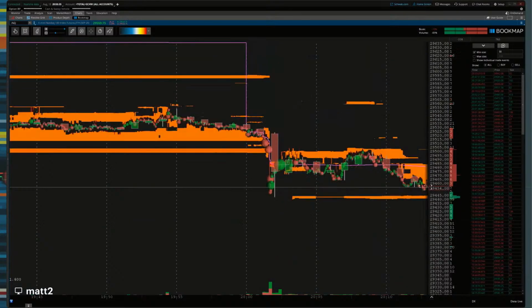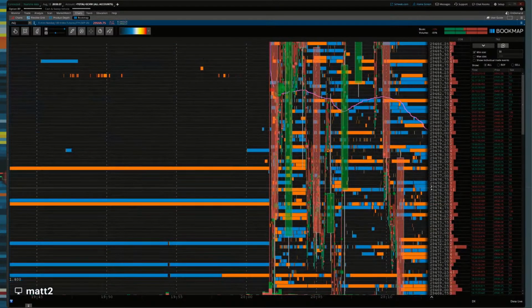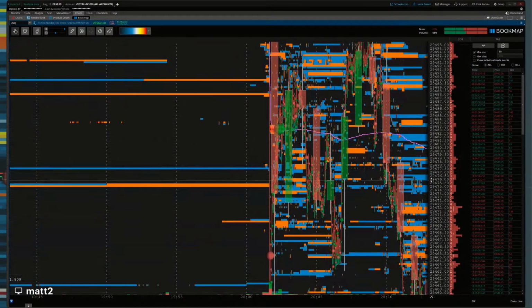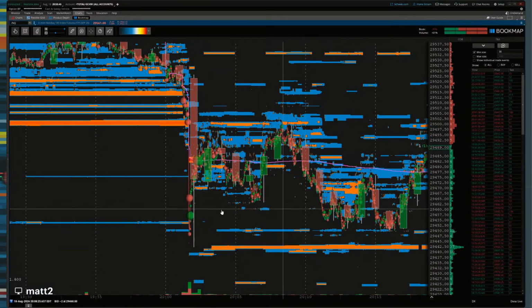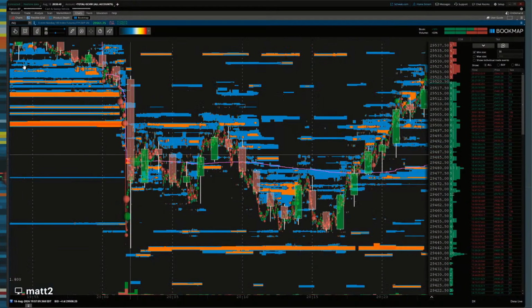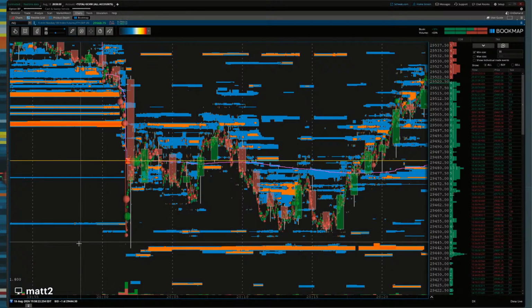Now I understand it took a little while. I know this is super sensitive because I have it on a different setting. But let's mark this out for one second here. Okay, here's the fill. We dance around it. We dance above.